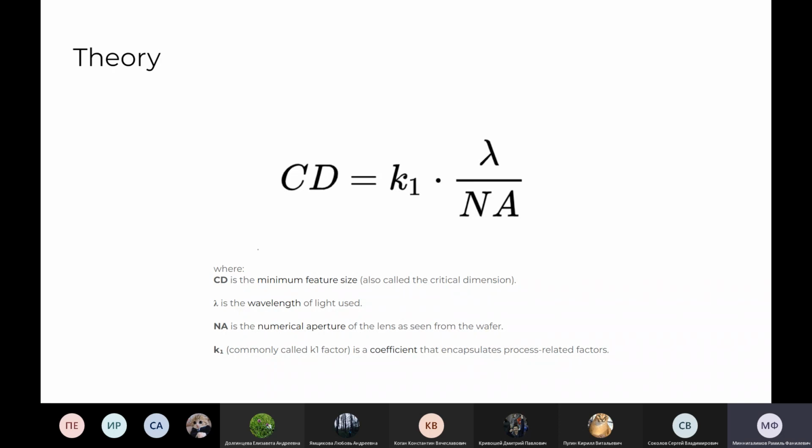The periodic enhancement in the resolution achieved through photolithography has been a driving force behind Moore's law, if you know.